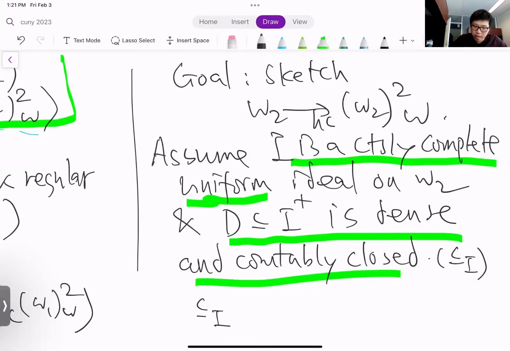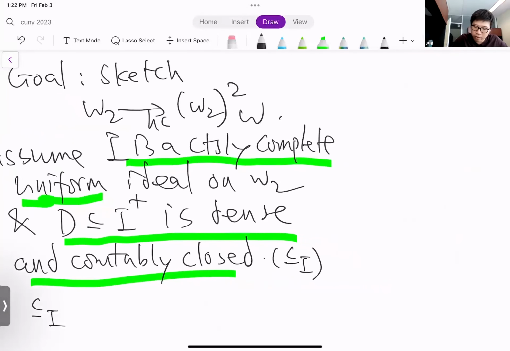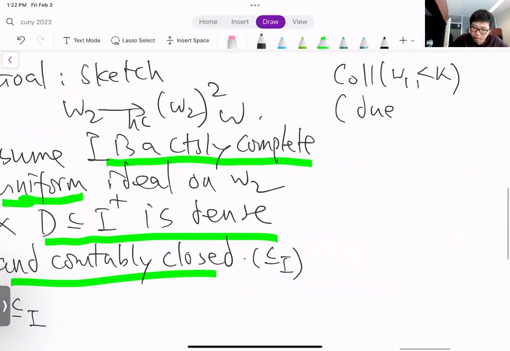This kind of ideal you can easily get from such a forcing extension. Just do the Levy collapse, collapsing the measurable cardinal to omega 2, and then you get such an ideal. The proof that there exists a dense subset that's countably closed is originally due to Laver.